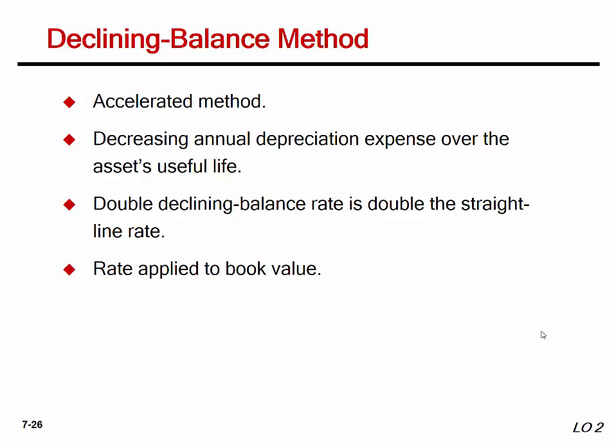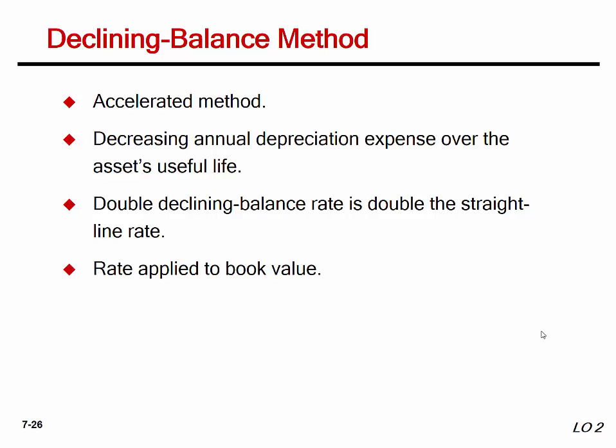What would you all do if it was a 10-year asset? 1 year divided by 10 years equals 10% for the straight line rate. And then if you doubled that, you would have 20% for the double declining balance rate. What if you had a 20-year asset? 1 divided by 20 is 5% for the straight line rate.